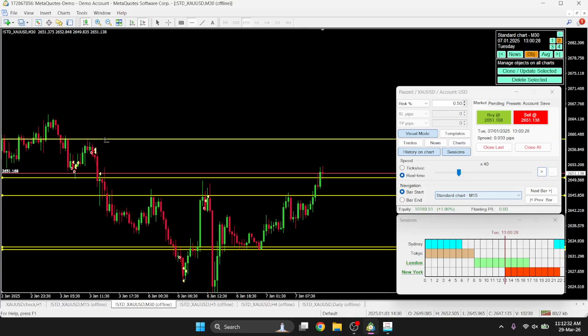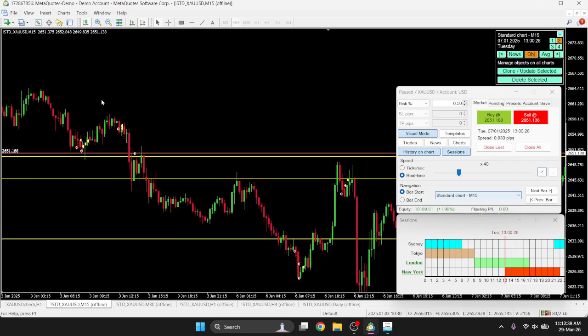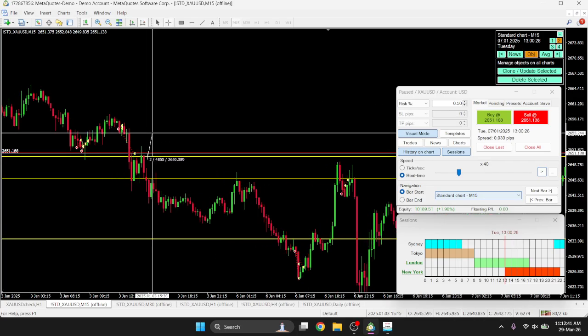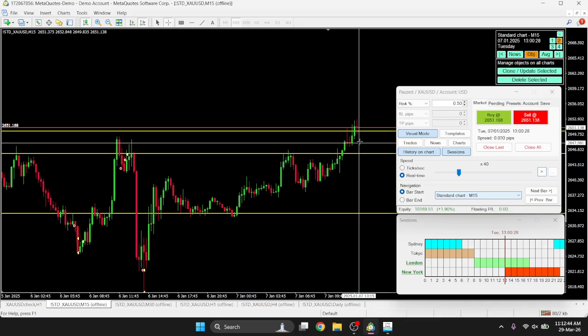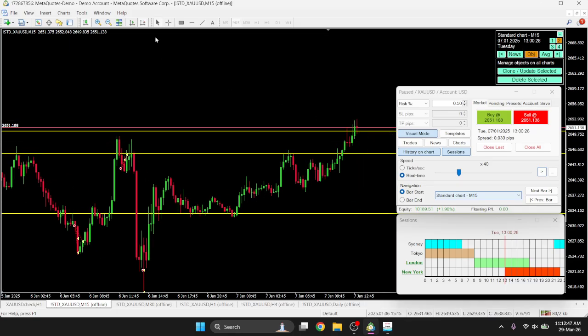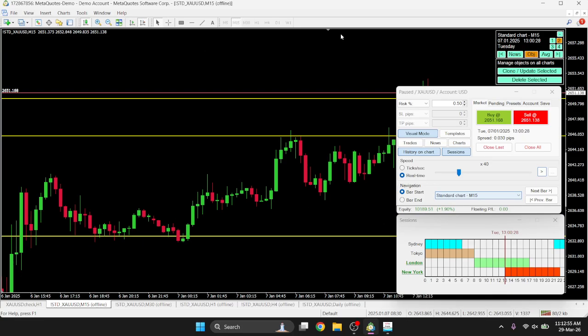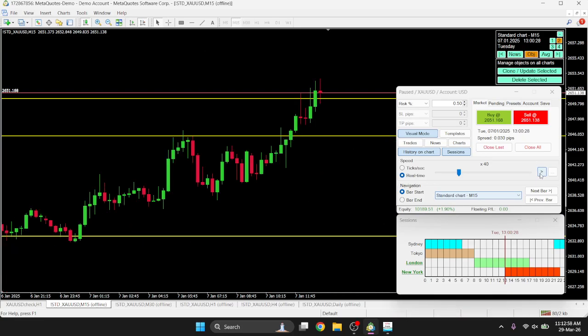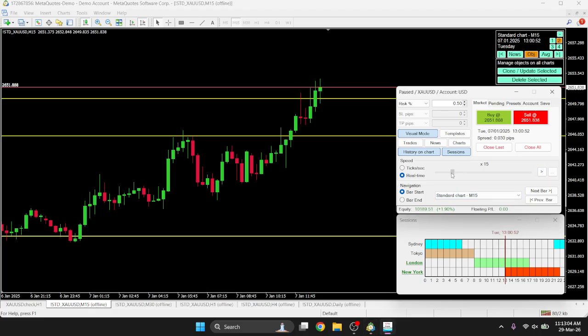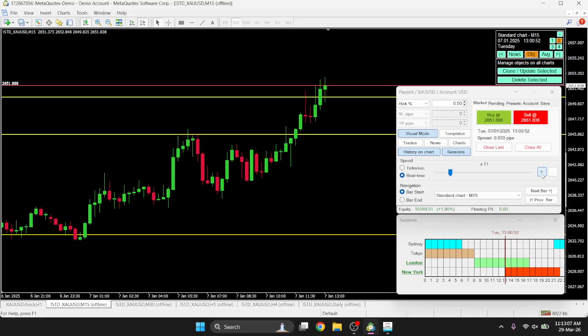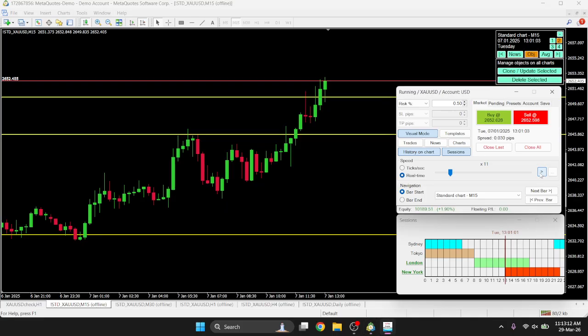So maybe this is the range. If you look, okay, there is a 15 minute rejection, 47, 48 pips. Our SL will be just 24 pips. Okay, very nice. So if this candle breaks the previous candle high, I will definitely enter because of the New York session, New York open.